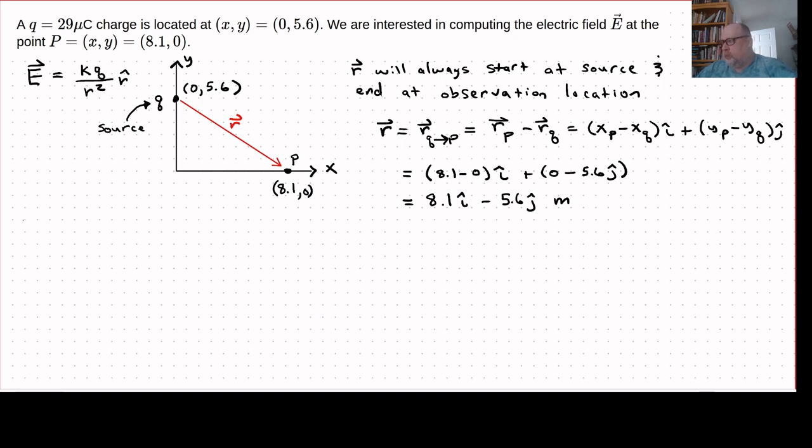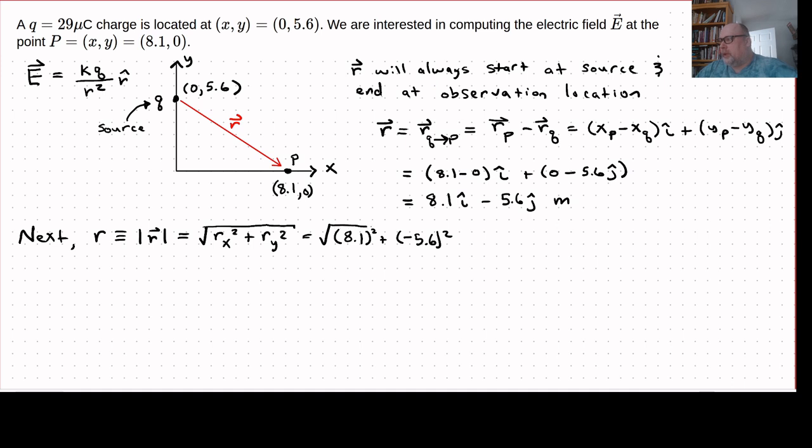Once we know the r vector, we can compute the magnitude, in other words, the distance between the two. So r is, by definition, and the triple equal sign means by definition, the magnitude of this vector. I can compute that using the Pythagorean theorem: the square root of the x component squared plus the y component squared. This is 8.1 squared plus negative 5.6 squared, and I punch in the numbers and get 9.8473 meters.